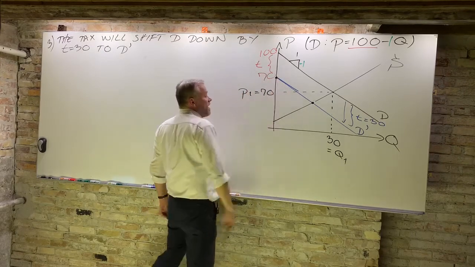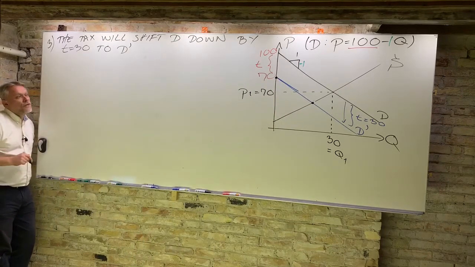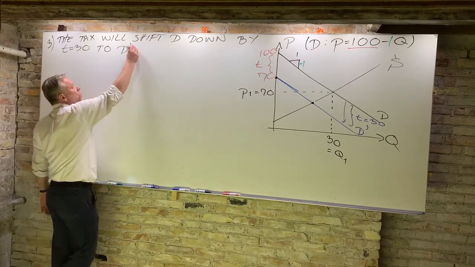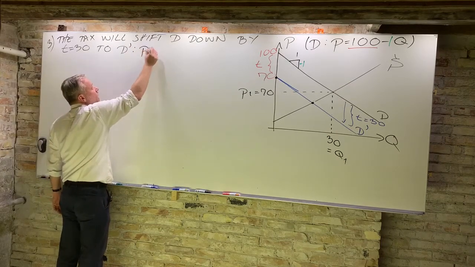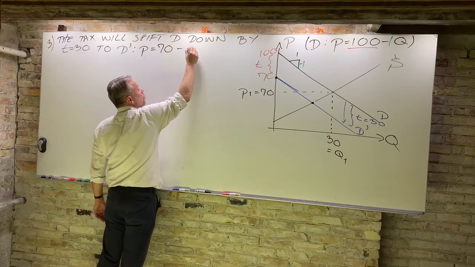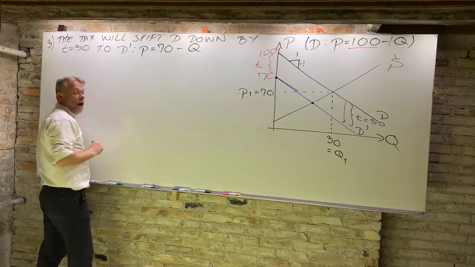And that then means that the equation for the new demand curve can be written directly, because what's the equation for a straight line which has a vertical intercept equal to 70 and a slope equal to -1? And the answer is it's P equaling 70 minus Q.